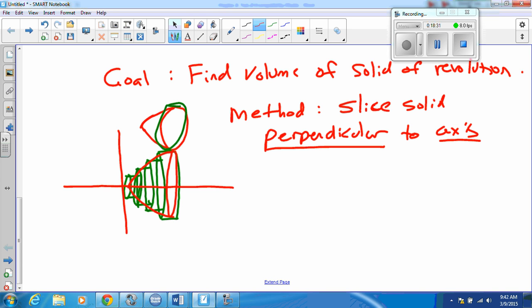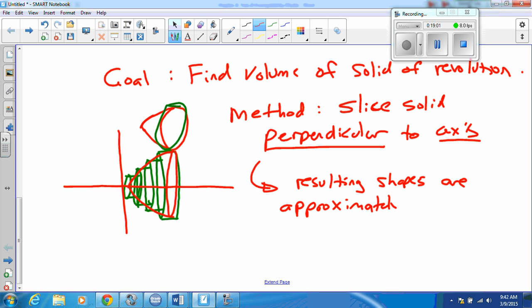I do not want to slice it parallel to the axis of revolution, because if I do, I'll get shapes that are not circular discs. They're going to be some other weird shape. And I sure as heck don't want to slice it along the line y equals x or anything like that. So when I slice it perpendicular to the axis of revolution, the resulting shapes are approximately circular discs.